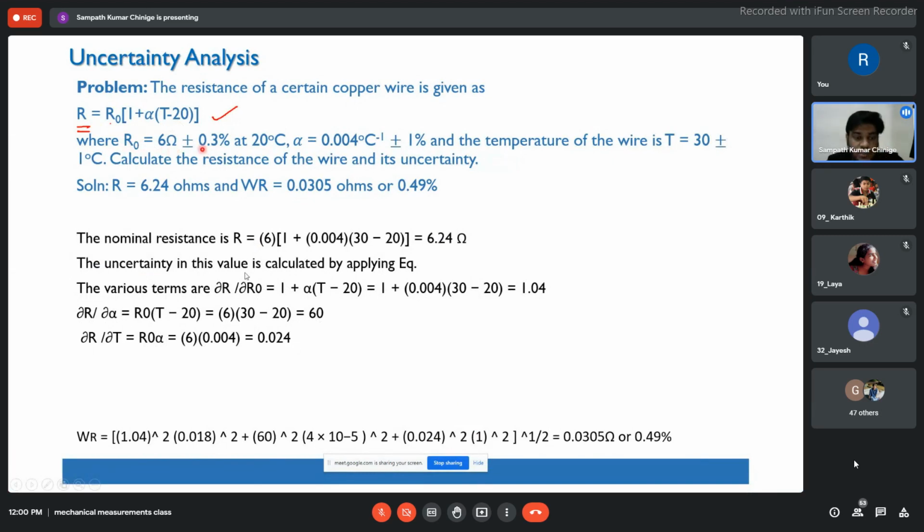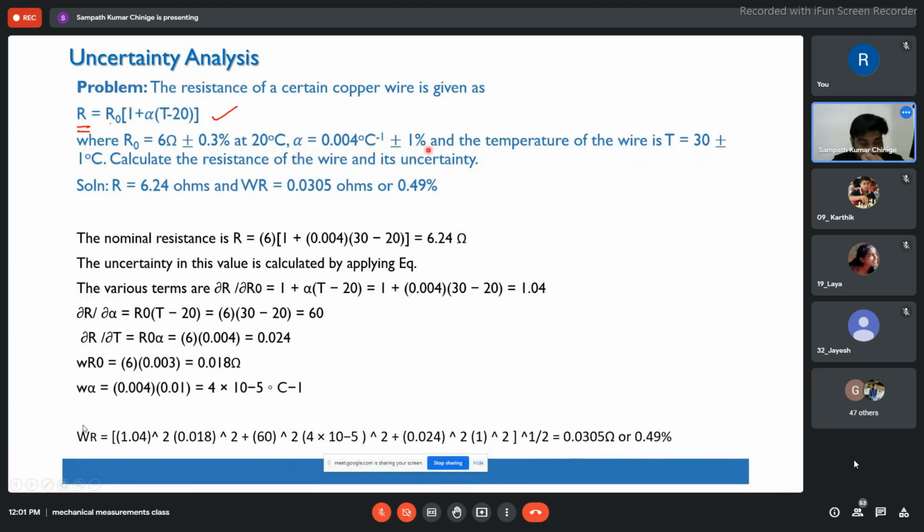So now we have dou R by dou R0 into its individual deviation whole square, plus dou R by dou alpha into its individual deviation whole square, plus dou R by dou t into its individual deviation whole square, under the square root, which will give you the uncertainty omega R. Now your omega R0 is given by 0.018 ohms.